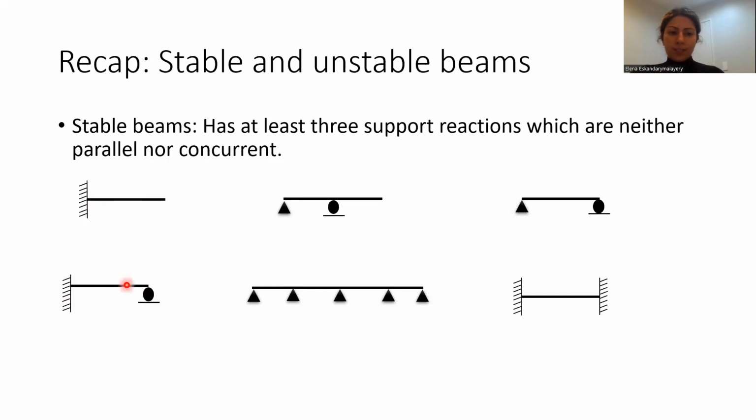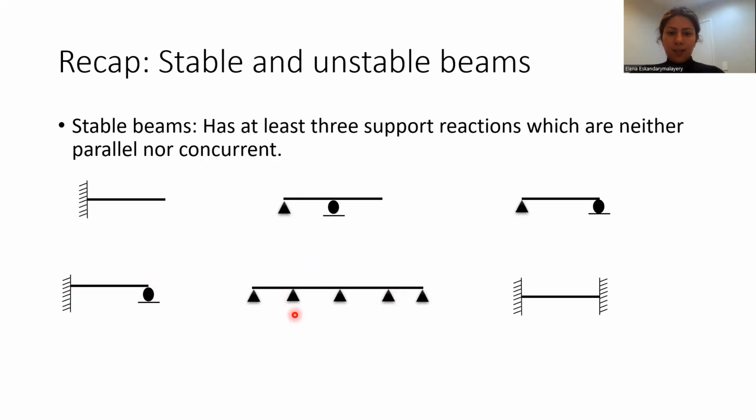So as you can see, this structure has four support reactions, and by the knowledge that you already have, you cannot calculate these support reactions because you have only three equations of equilibrium and four unknowns.